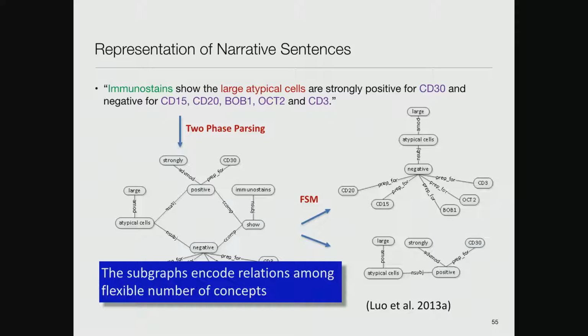And so this creates one graph that talks about the strongly positive for CD30, large atypical cells, et cetera. And then you can factor this into subgraphs. And then you also have to identify frequently occurring subgraphs. So for example, large atypical cells appears here and also appears there, and of course will appear in many other places.